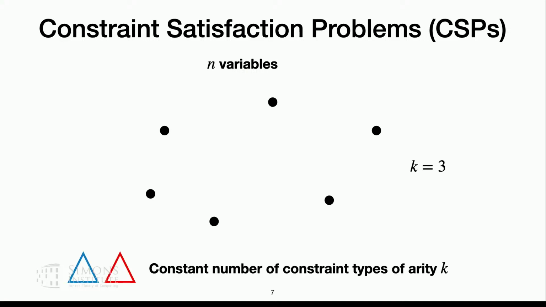Okay, so what are constraint satisfaction problems in general? This is a very broad definition that captures problems like max-cut and max-directed cut, which I defined above, and also lots of other optimization problems. Let's see what the general structure is. You have n variables, and you have some finite number of constraint types you can apply on these variables.